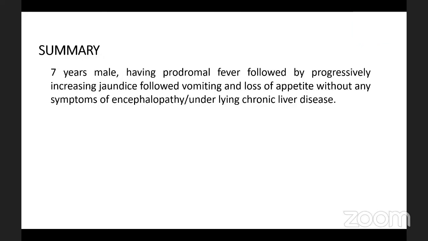Child having encephalopathy, irritability, lethargy, which can happen in acute liver failure also. Hemolysis may be present. Not necessarily. If a child has abdominal distension with ascites, or failure to thrive, that can suggest an underlying chronic liver disease. Okay, sir.